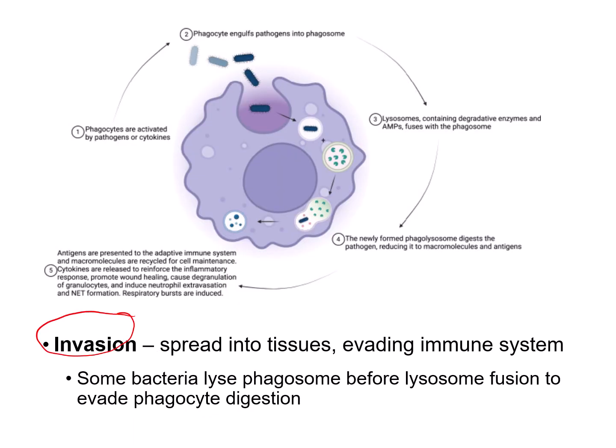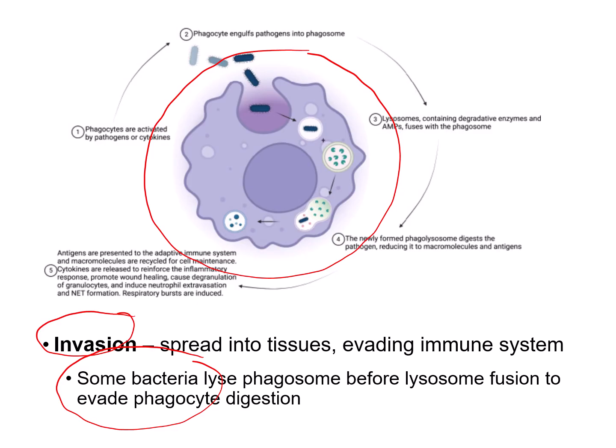Regarding our third step, invasion, there are also some bacteria that are intracellular pathogens and can invade our cells directly. For instance, we have some bacteria. Let's say that this is a phagocyte. So this is one type of immune cell that ingests microbes like bacteria and chops them up using lysosomes.